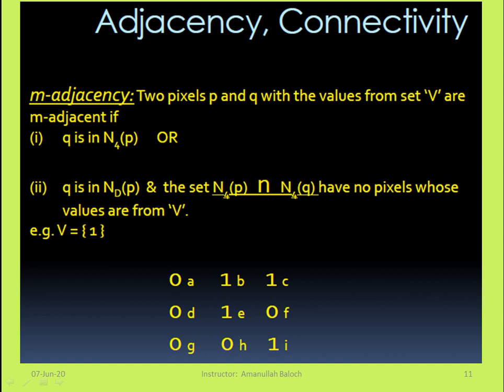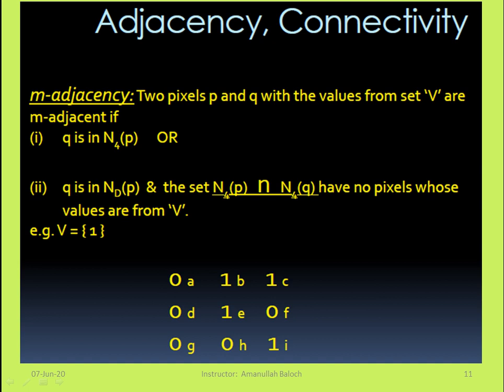Or, what is the second condition? Q is in ND of P. Q is not in N4 of P, but it is the diagonal pixel of P. Then what do we have to satisfy?